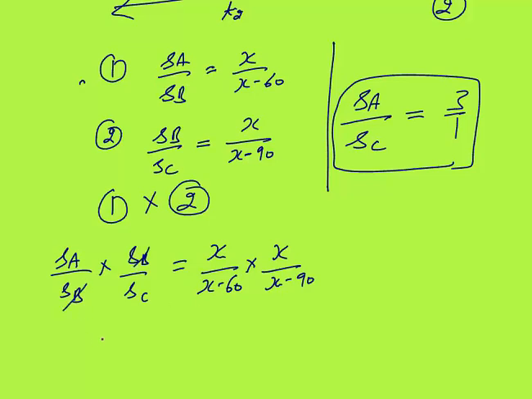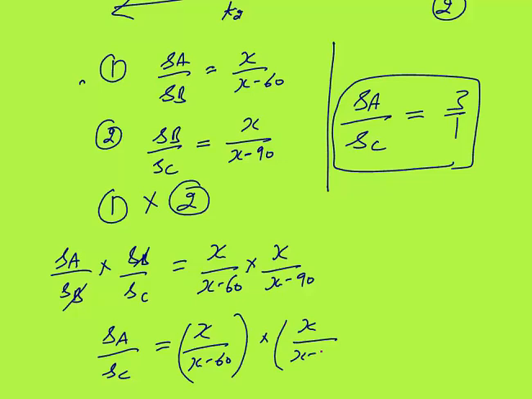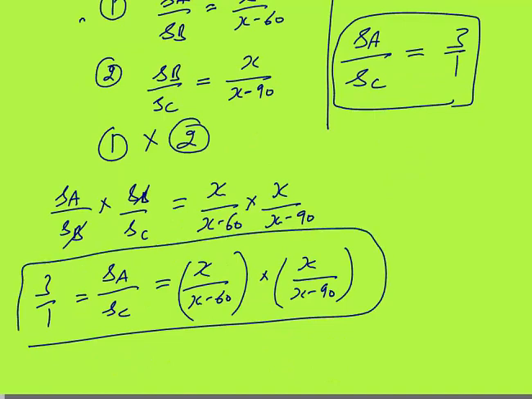SB and SB will cancel, and you get SA upon SC equal to x upon x minus 60 into x upon x minus 90. This ratio is given as SA upon SC is 3:1, so this product should be equal to 3.